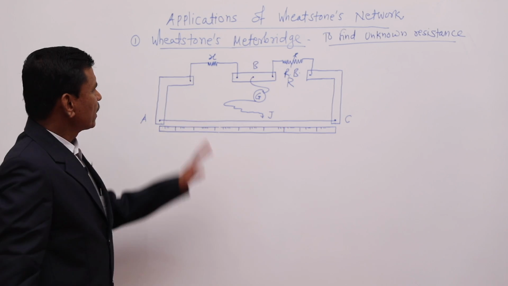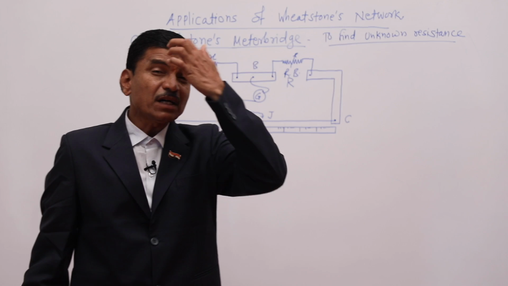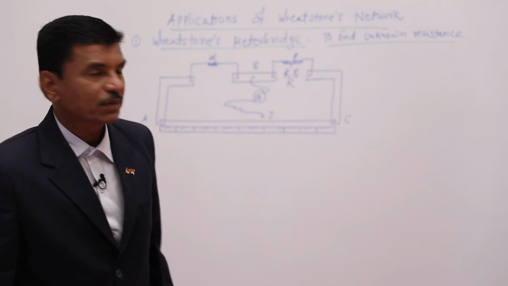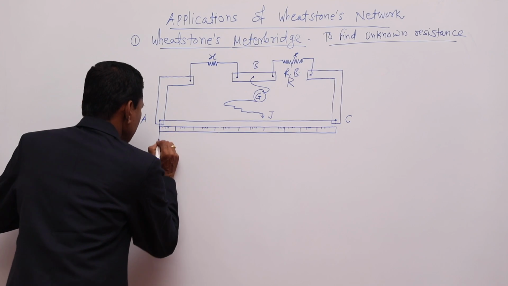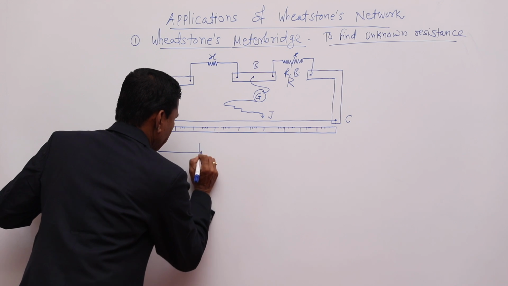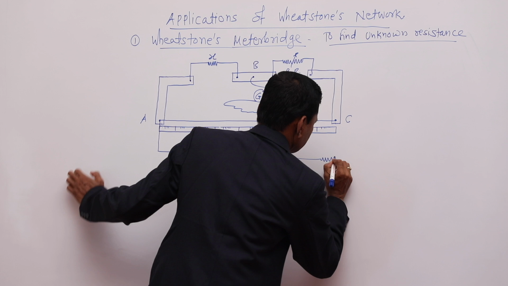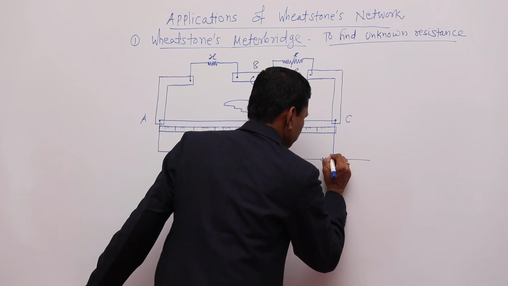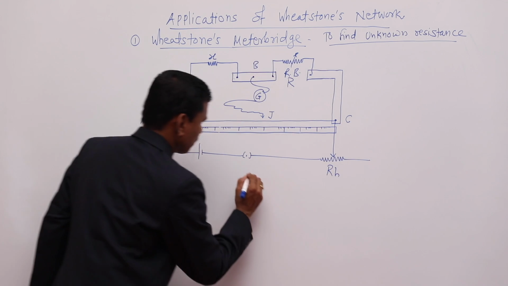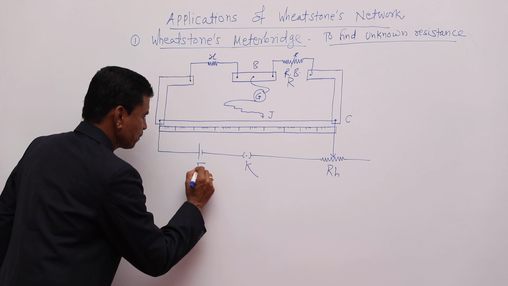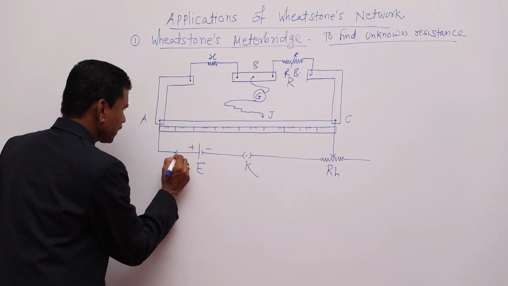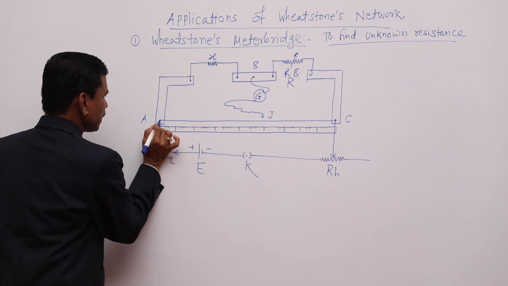But here there is no current sending agency. We will connect a battery, key and rheostat here. So this is the rheostat, this is the key, and this is the battery. So it will send current I. Current I will come here.